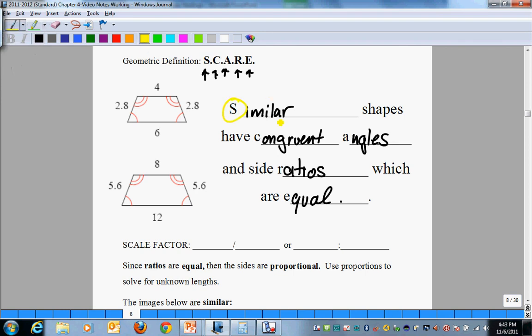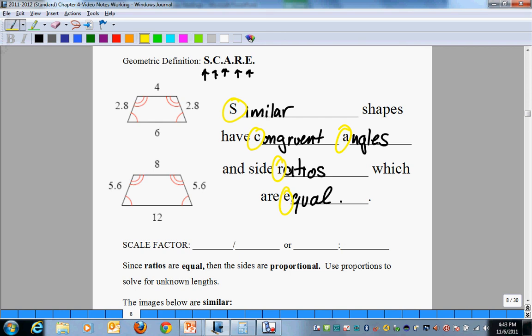That's SCARE. Similar shapes have congruent angles and side ratios which are equal.